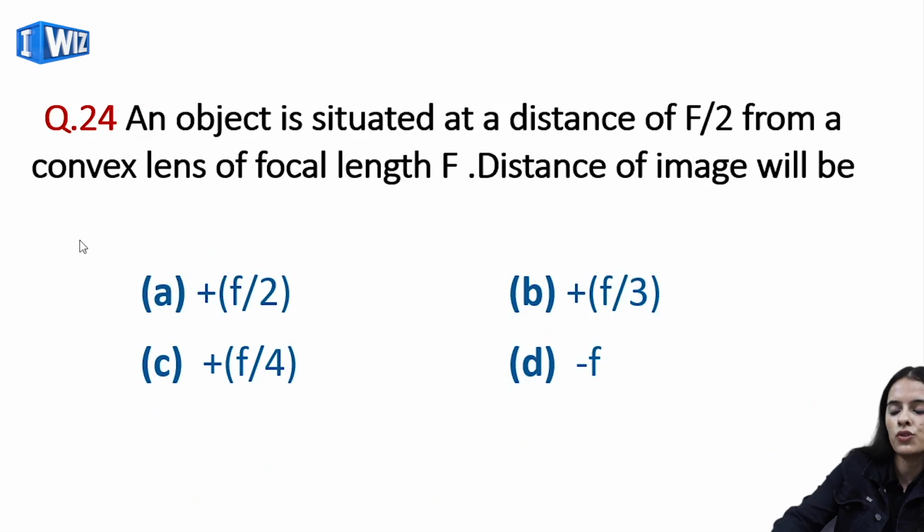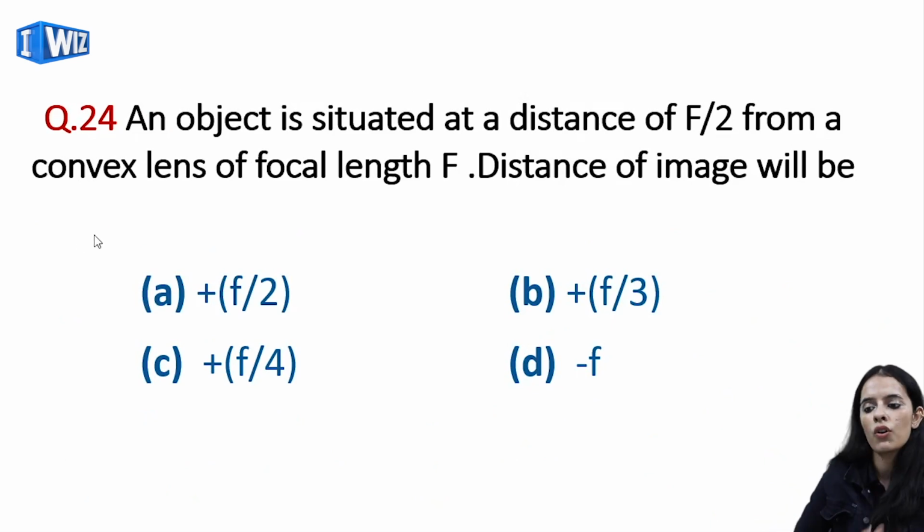An object is situated at a distance of f by 2 from a convex lens of focal length f. The distance of the image will be? An object is situated at a distance of f by 2.